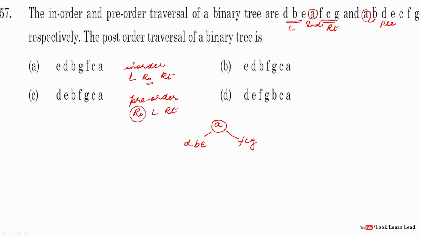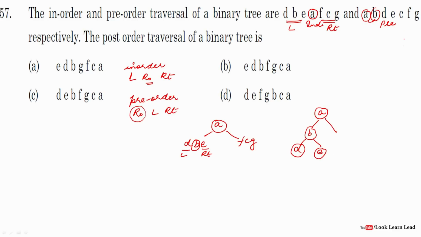Here, C, next is B, so B would be the root. So we have A, B would be the root, and this would be left and this would be right. Left of B would be D and right of B would be E.